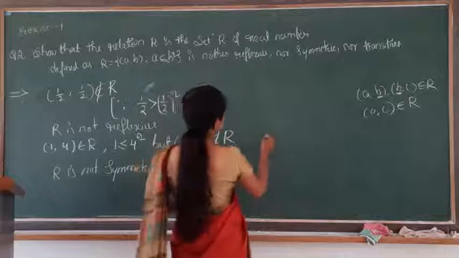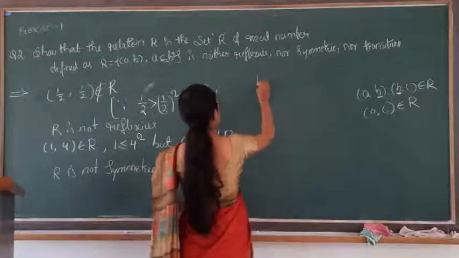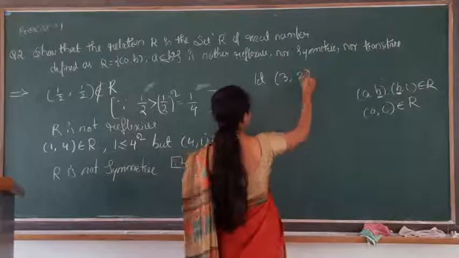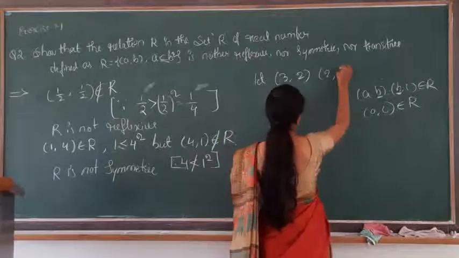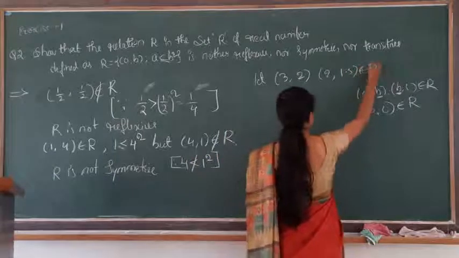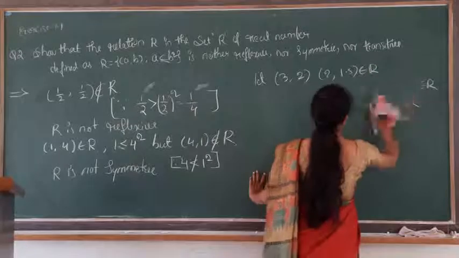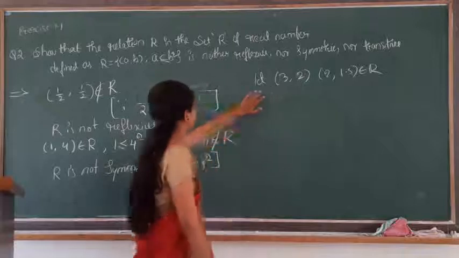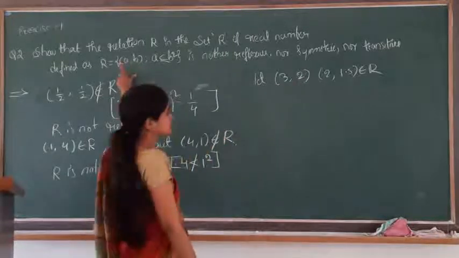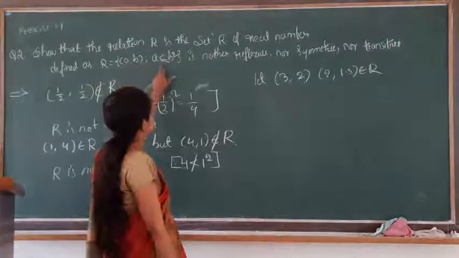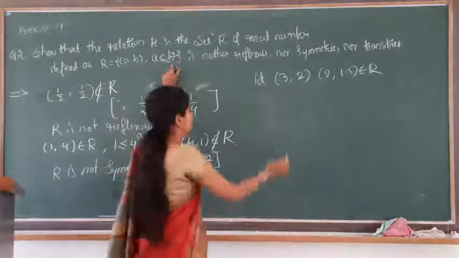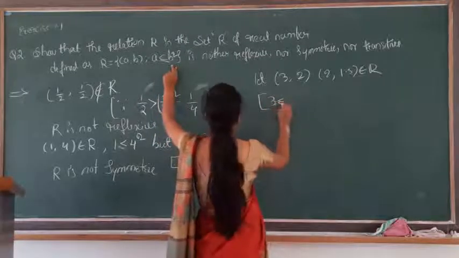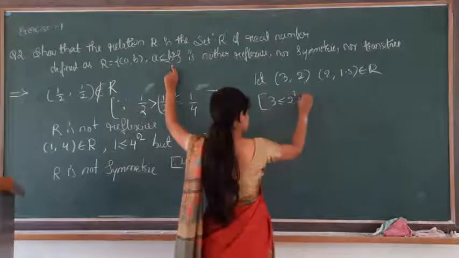Now suppose I take (3, 2) and (2, 1.5) belong to R. Check this: do these two ordered pairs belong to R? (3, 2) belongs to the given relation means 3 must be less than or equal to 2 square, that is 4.